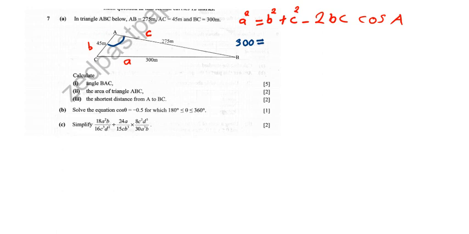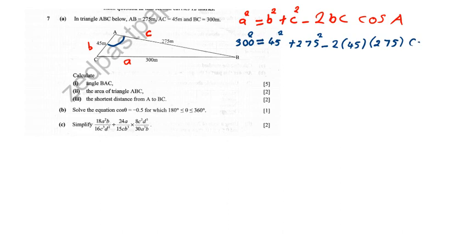So we add the squared. So it will be 75 squared plus c, we're substituting 275, so plus 275 squared minus 2bc, so we say open bracket 75, c we have 275.